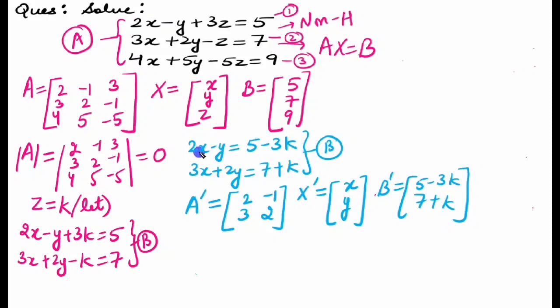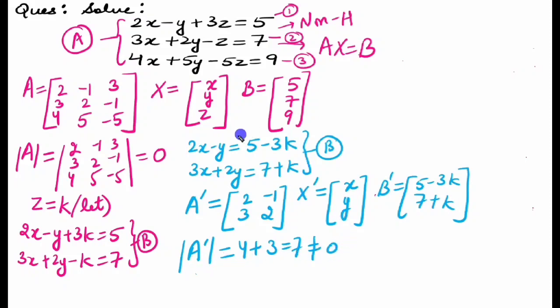सिस्टम जो होगा वो कंसिस्टेंट होगा या फिर इनकंसिस्टेंट होगा, वो हमें पता चलेगा A dash के डिटर्मिनेंट से. तो now we have to find out the determinant of A dash. तो उसके लिए हम क्या करेंगे, this will be 4 plus 3, this is 7. तो यहाँ पर जो A dash होगा वो नॉन जीरो हमें मिला, A dash की वैल्यू नॉन जीरो आ गई.